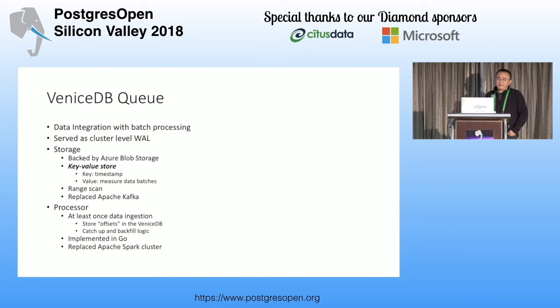Then I realized, since I'm in a cloud environment, I do not really need this Kafka queue and the Kafka storage. I can just use, say, Azure blob storage, because if you think about what blob storage does, it's actually a key value store. It supports key point lookup. You can also do range scans, because the value is just the data blob itself.